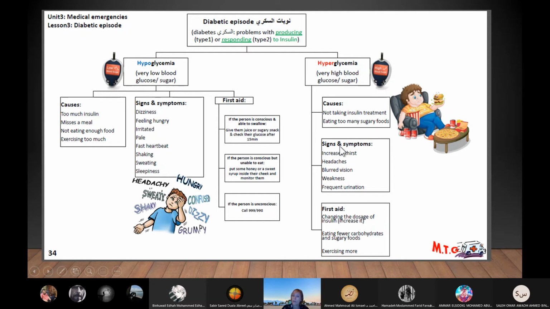Some of the signs would be increased thirst, maybe a headache, blurry vision, and urinating very frequently. So the first aid would be to change the dose of the insulin. If we need to increase the dose to get the sugar down, then they would do that, or they would have to be eating fewer carbohydrates and fewer sugary foods, or else exercising to use up the sugar in their blood.